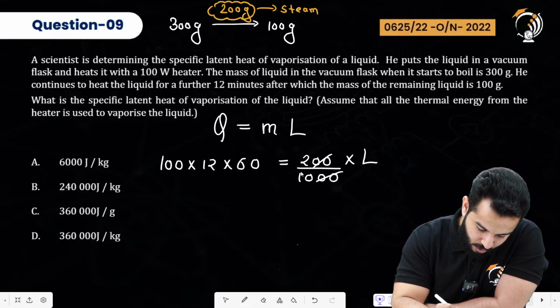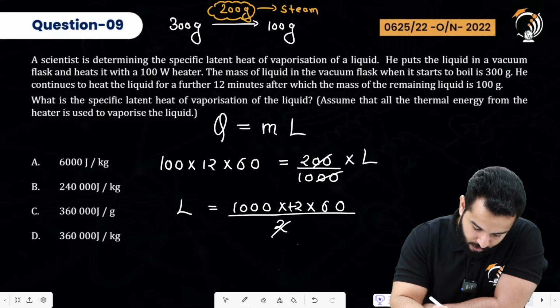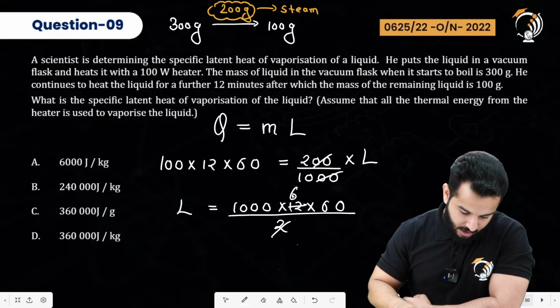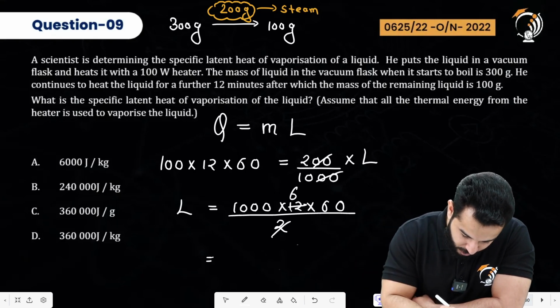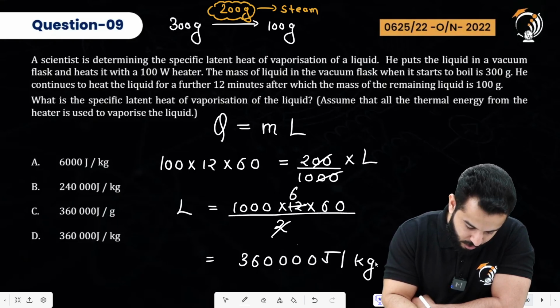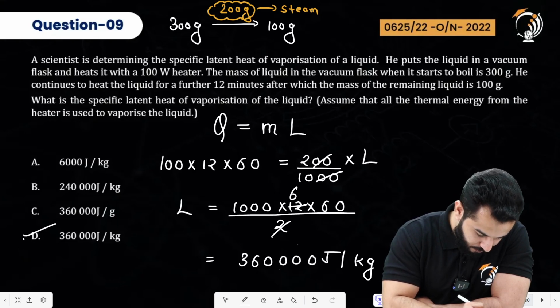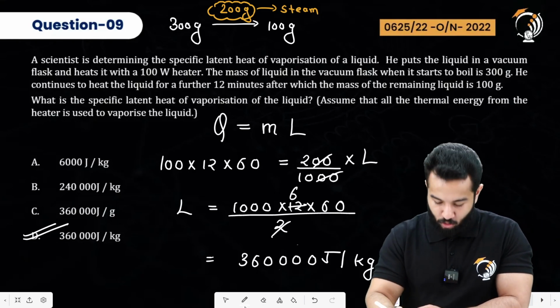So this will be 100 times 12 times 60 divided by 0.2, that's going to be, if I'm not wrong, 360,000 joule per kg. So this is going to be the correct answer. Everything is in SI units, right? Hopefully everything is clear with this question as well.